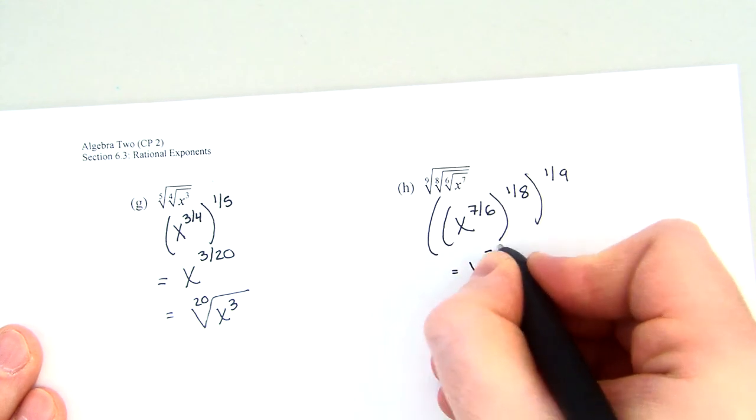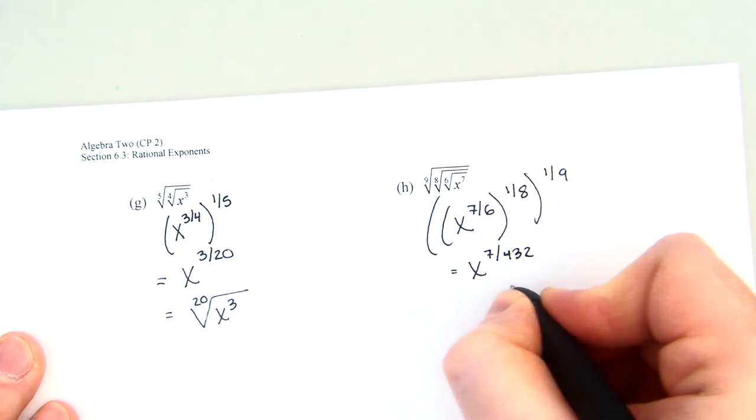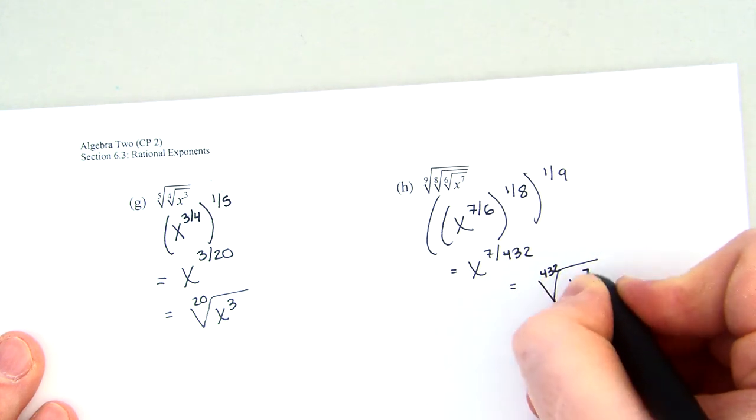X to the 7 over, I'm not doing this one in my head. What is 6 times 8 times 9? 432. Ugh. So this is the 432nd root of x to the 7?